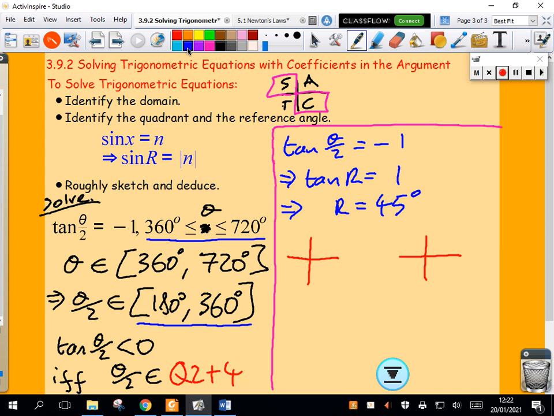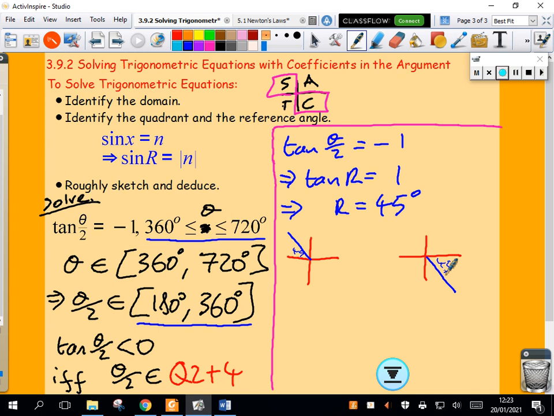So I'm going to sketch in quadrant 2, reference angle 45 degrees. In quadrant 4, reference angle 45 degrees.